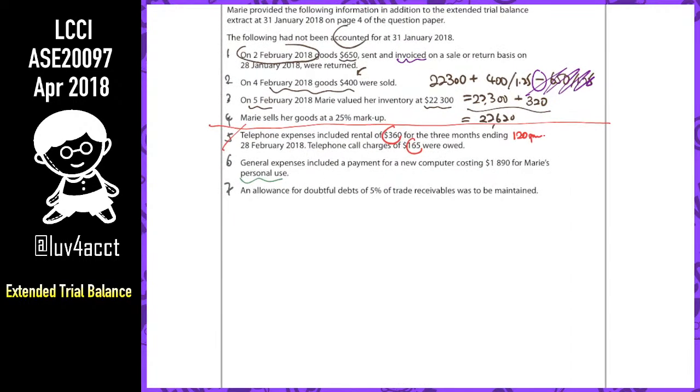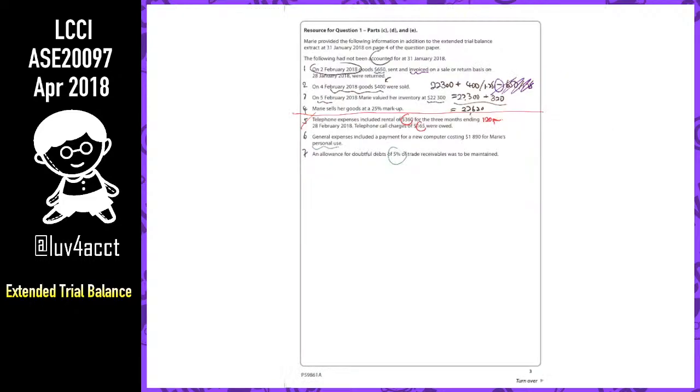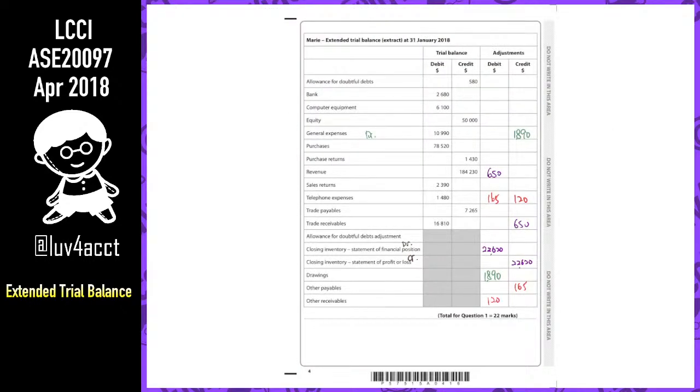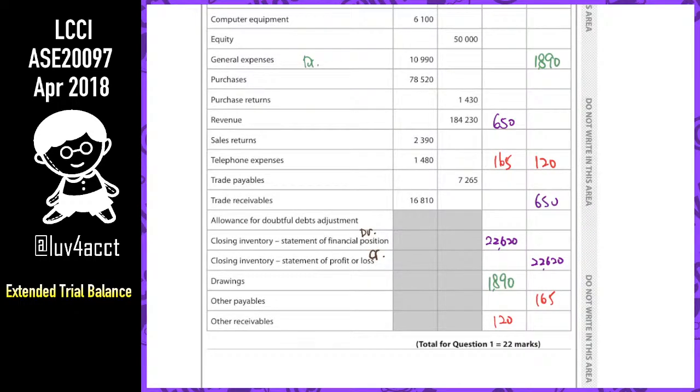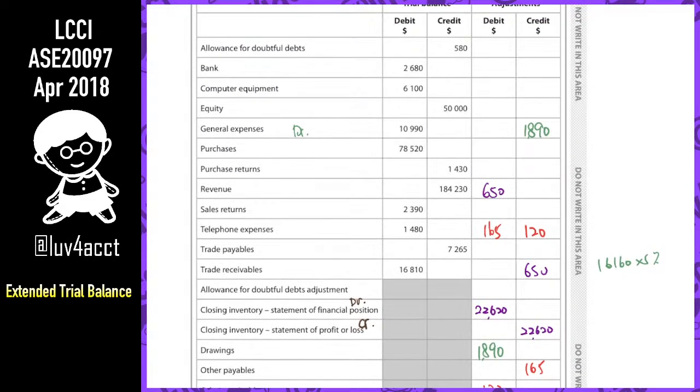Then we have 5% allowance for doubtful debt for trade receivables. Let's see, trade receivable 16810 minus 650. Now we have 16160, and then 5%, we have 808. Let us go back. 808 minus 580, we have 228 addition.